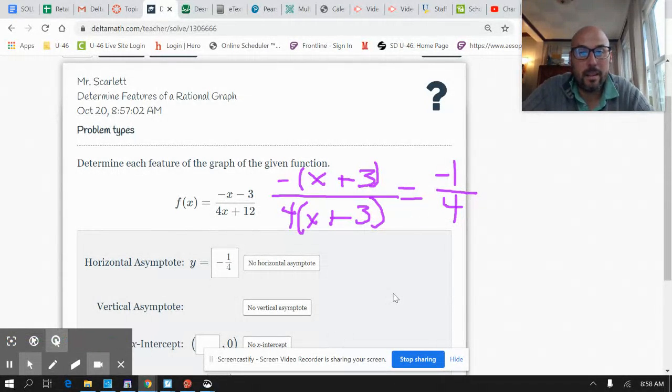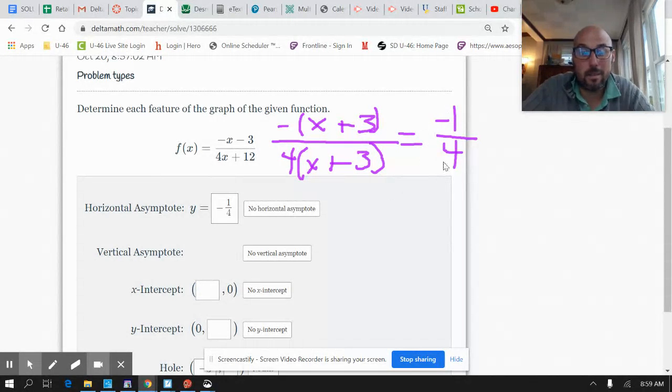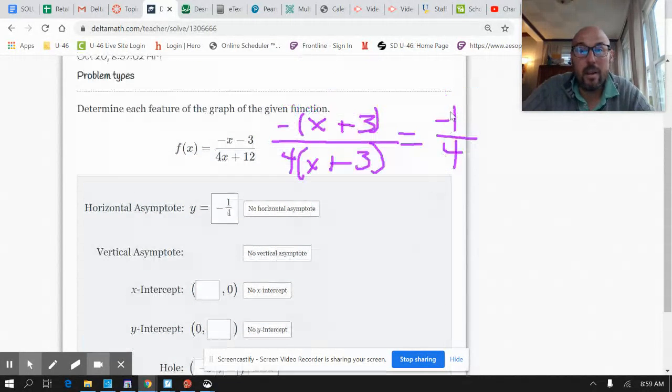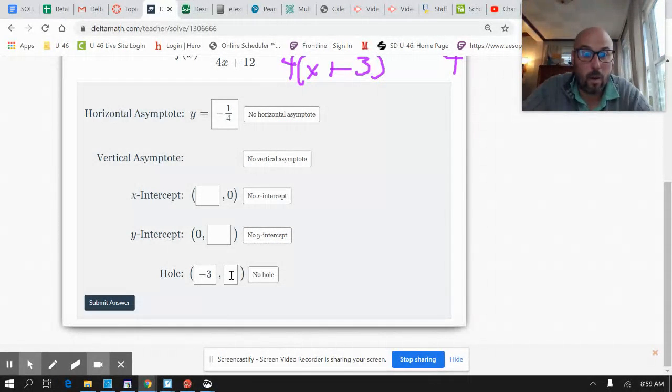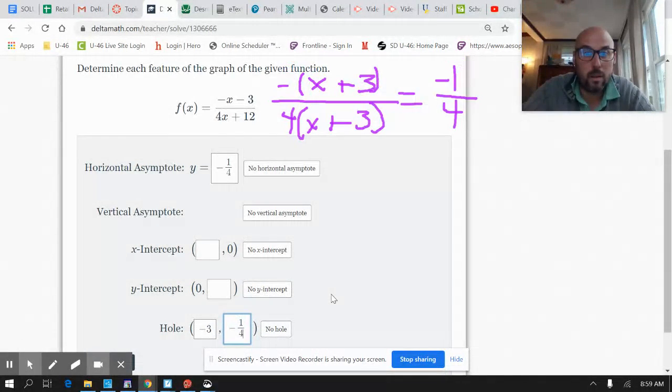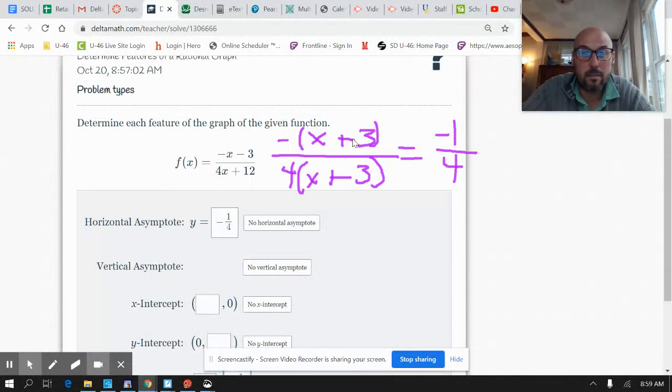So this doesn't depend on x at all. There are no x's here. The answer is just -3 for the x value, -1/4 for the y value. That is the hole. And since when you canceled out this factor, there was no other possibility of division by 0, you're just dividing by 4, that's why there are no vertical asymptotes.